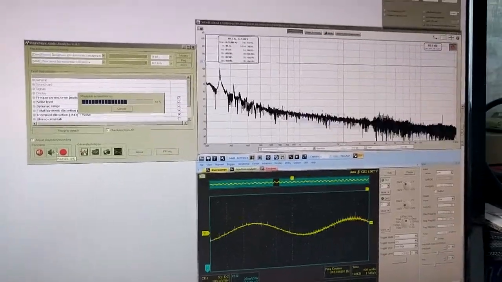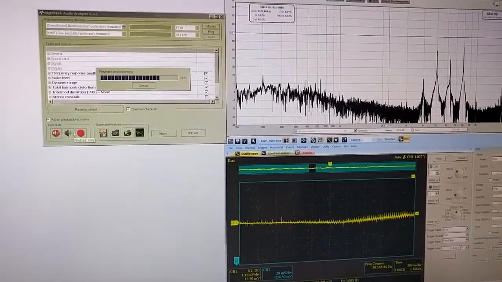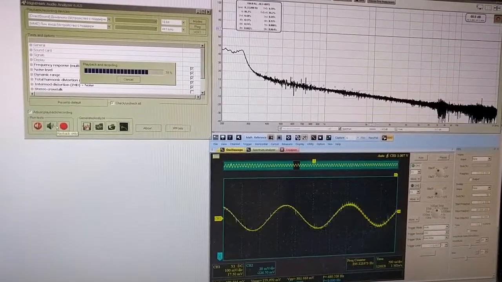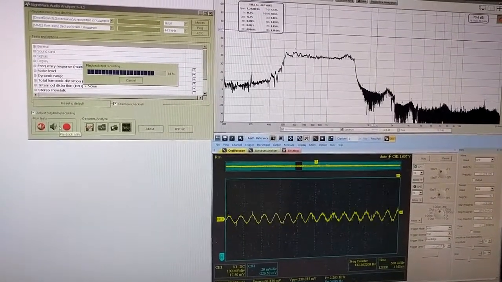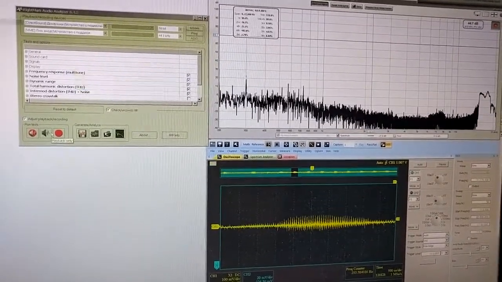You see the signal is generated. Various waveforms. The results are ready.